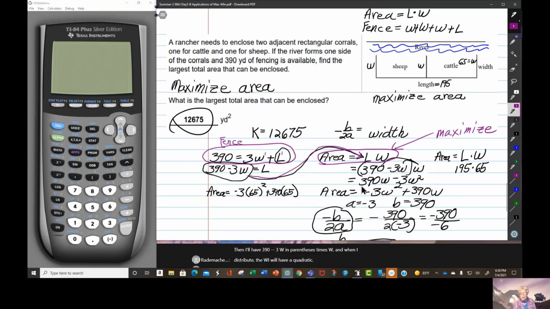And when I write this in descending order, I see that the leading coefficient is negative, which means I'll have a cup down parabola, which means I'll have a maximum value. So I am definitely going in the right direction here.